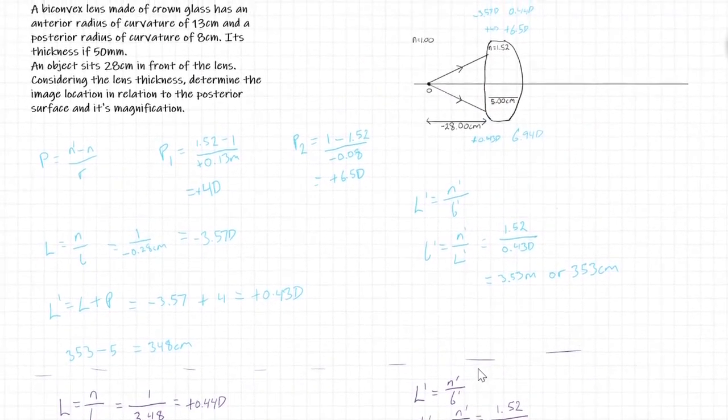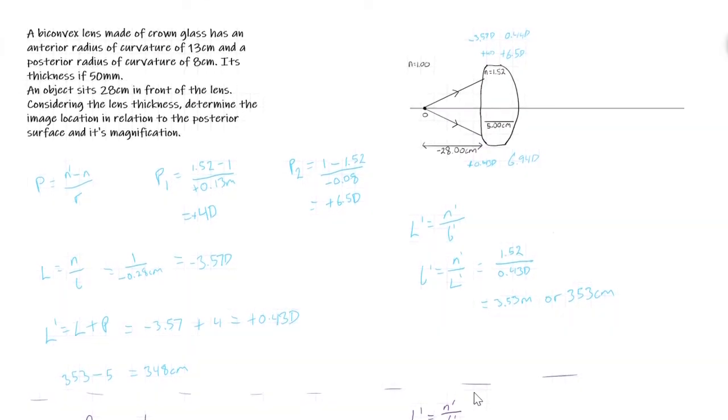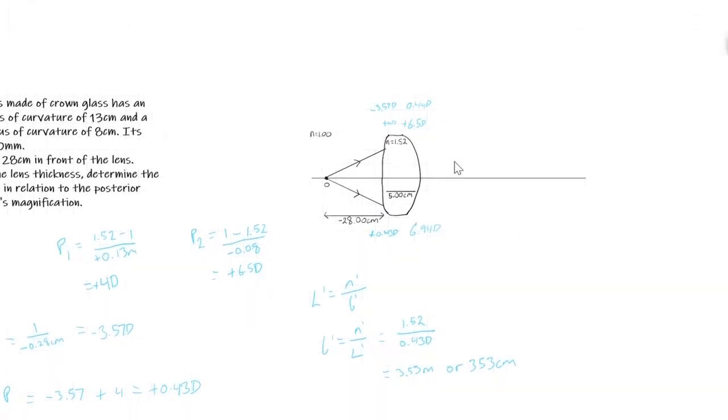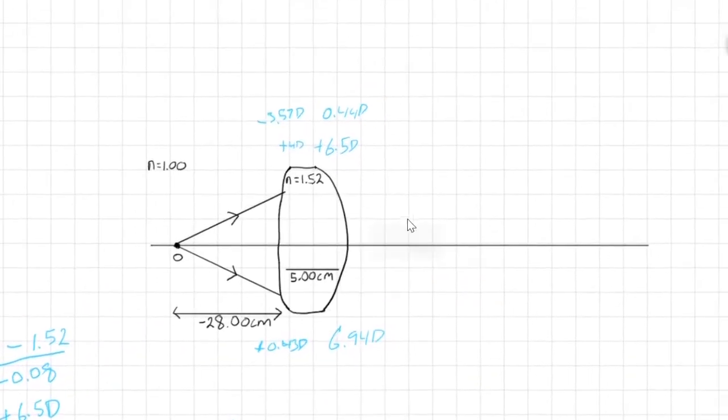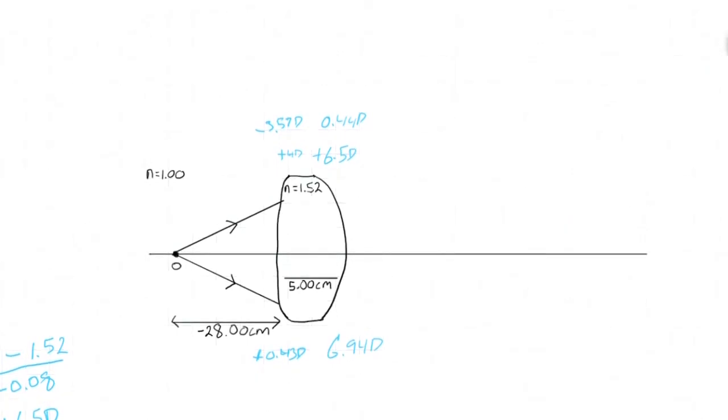So if we can take a look here now at the diagram, let's take a closer look at the diagram. We can fill in some of these values here. So we filled in the power of the lenses, the object divergences, the image divergences. Perhaps let's put in the final image that we got.